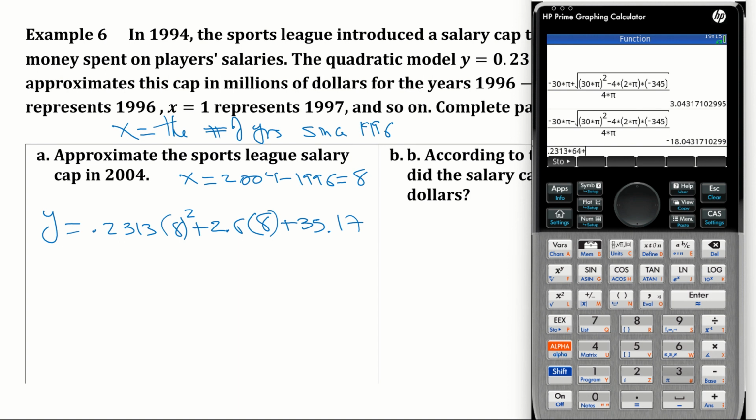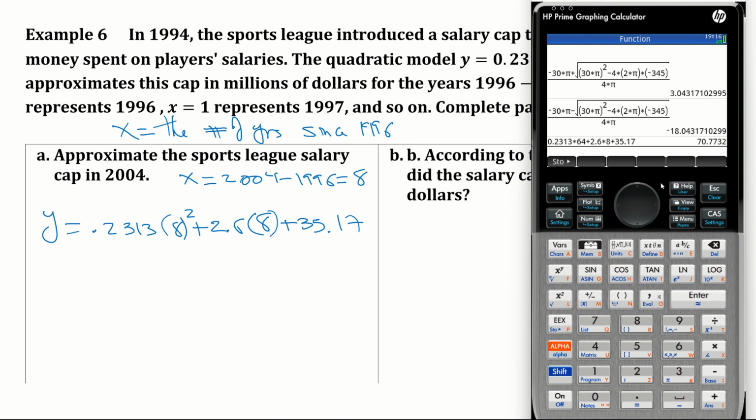Plus 2.6 times 8 plus 35.17. Okay, again, you're transferring from one screen to another. Double check: 0.2313 times 64 plus 2.6 times 8 plus 35.17.